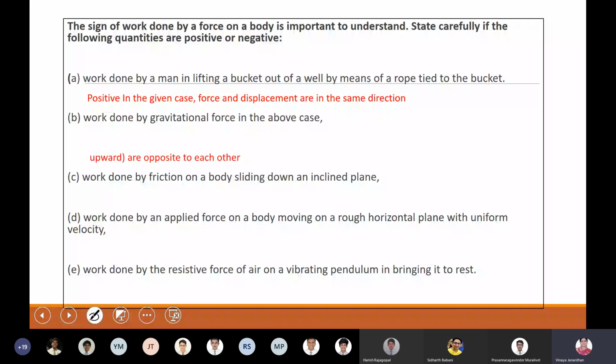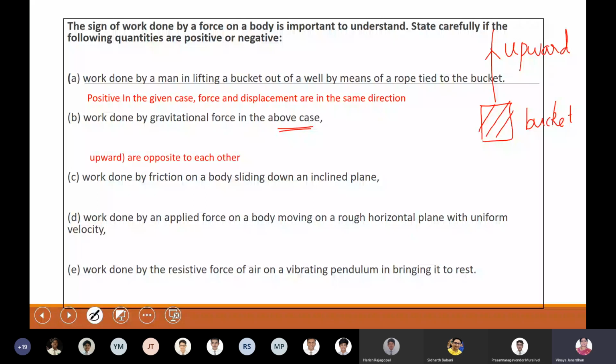Okay, now work done by the gravitational force. In the above case, what is the above case? Your bucket. Listen, boys. The bucket is moving in which direction? The bucket is moving upward. Okay. In which direction is the gravitational force acting? Gravitational force is nothing but the weight of the bucket.